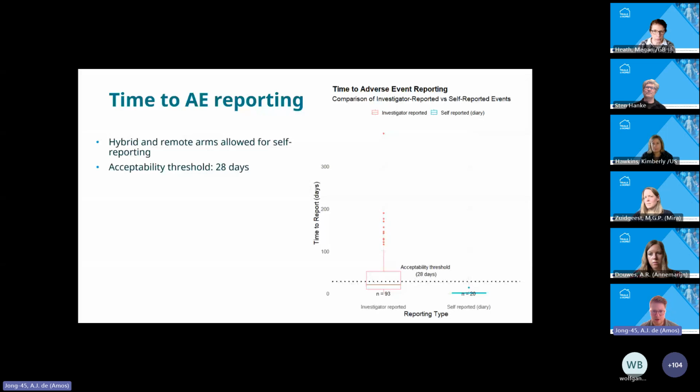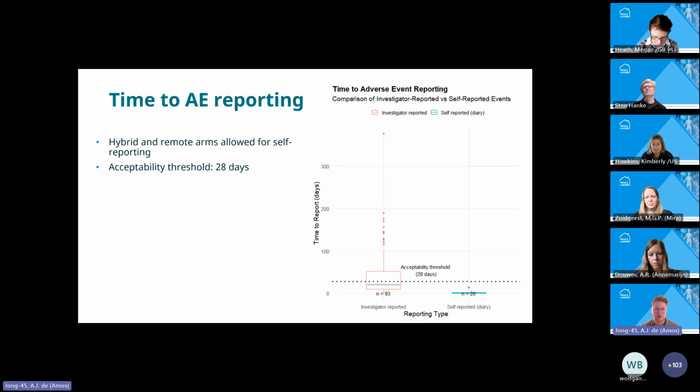What you can see on the right is that all self-reported adverse events were within the acceptability threshold of 28 days, and they were reported with a median of 1 day. For the investigator-reported adverse events, we see a broader spread, and the median here was 20 days from occurrence until adverse event reporting.